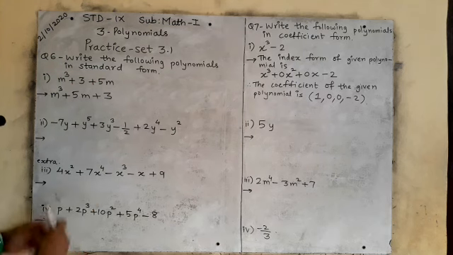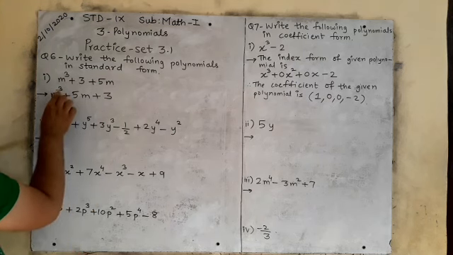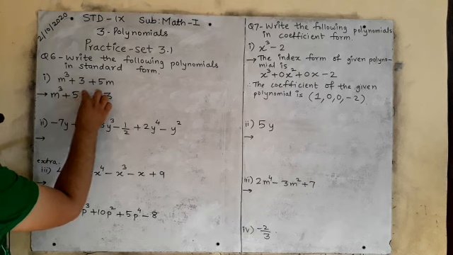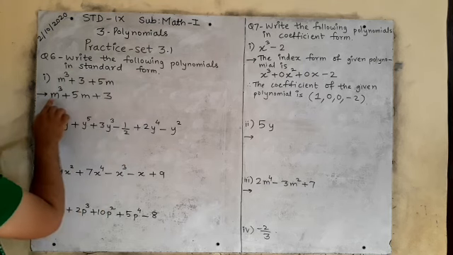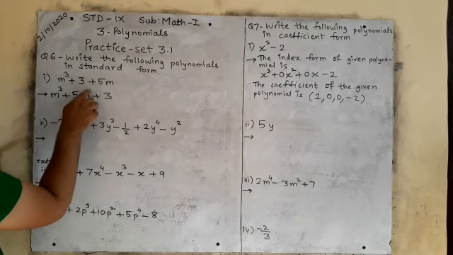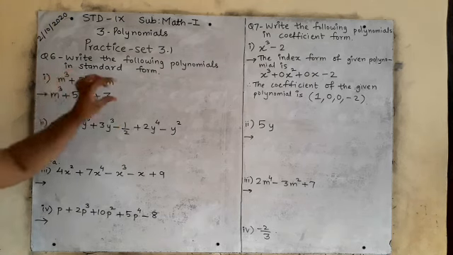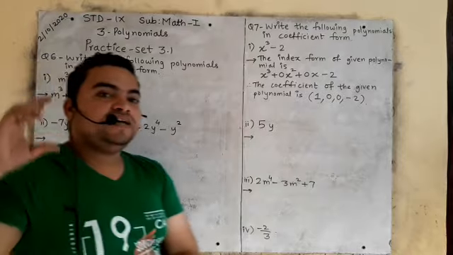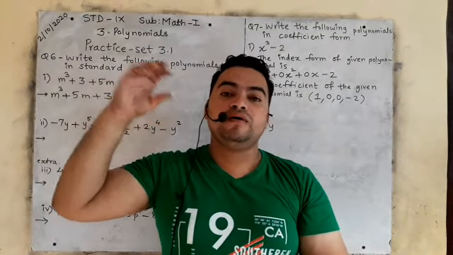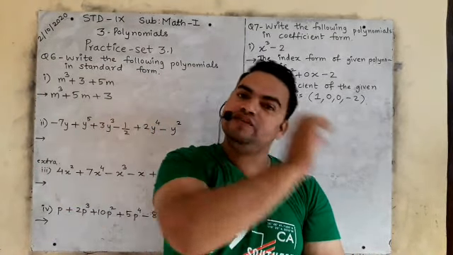What is standard form? First we will take the biggest degree, then the smaller degree, then the smallest degree. See, m raised to 3, m raised to 1, here m raised to 0. So we have to arrange this given polynomial according to their index, according to their power. First the biggest, then smaller, then smallest.